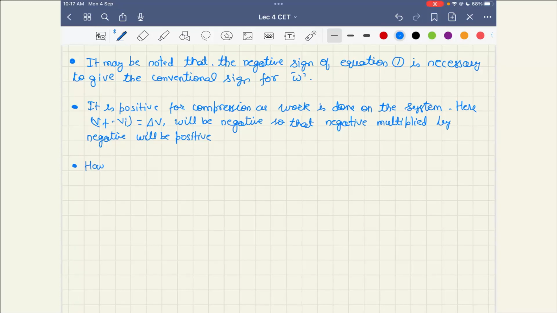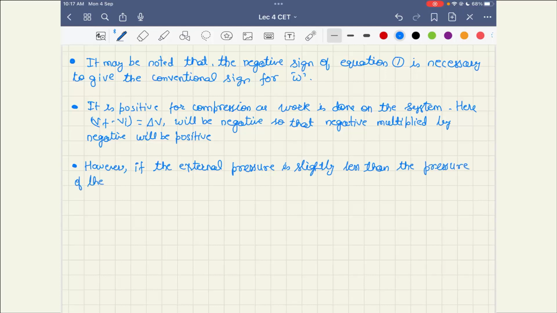However, if the external pressure is slightly less than the pressure of the gas, that is PEX is less than P, the gas will expand, right?